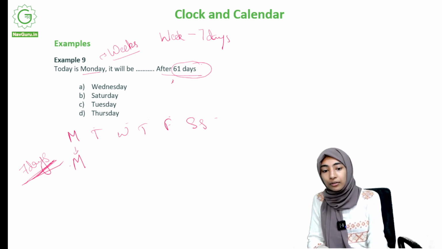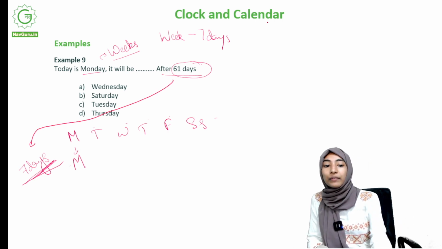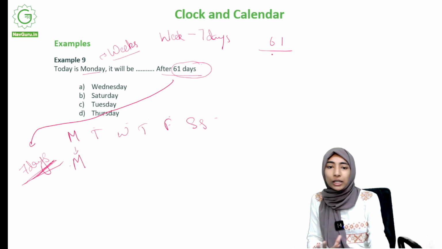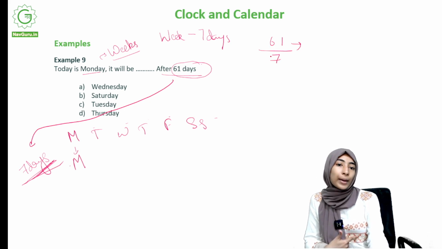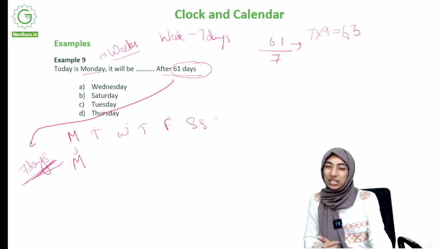So how do you try to get the 61 in terms of 7? You divide 61. You don't need to do the whole division, just a rough idea. So when from 7, when do you get a value that's close to 61, right? So let's see, 7 nines are 63. No, this is more than 61.